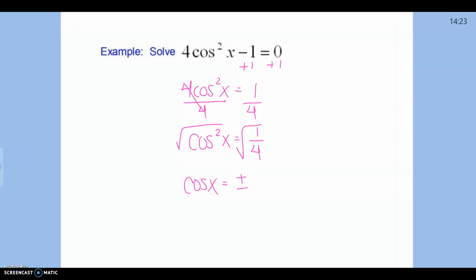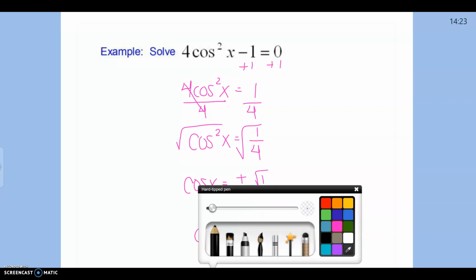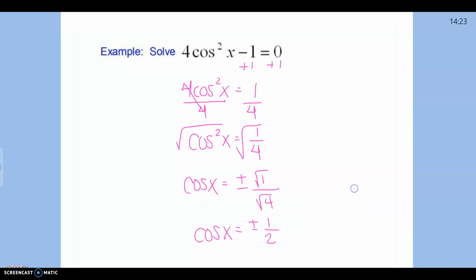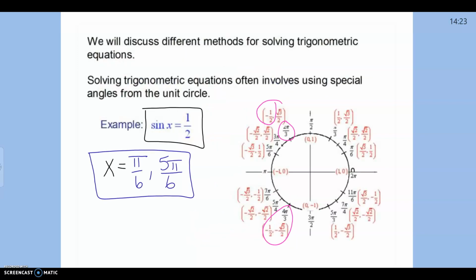Then, when you're square rooting a fraction, remember you're going to square root the top and square root the bottom. So what we end up with is cosine of x equals plus or minus 1/2. Then my job is to go to my unit circle and figure out everywhere the cosine is plus or minus 1/2. And remember, cosine is your x coordinate. So where is my x coordinate plus or minus 1/2?